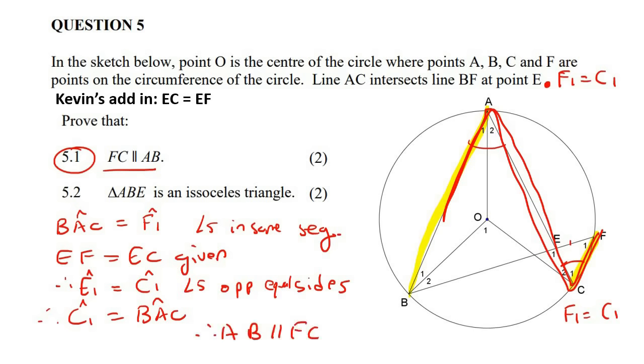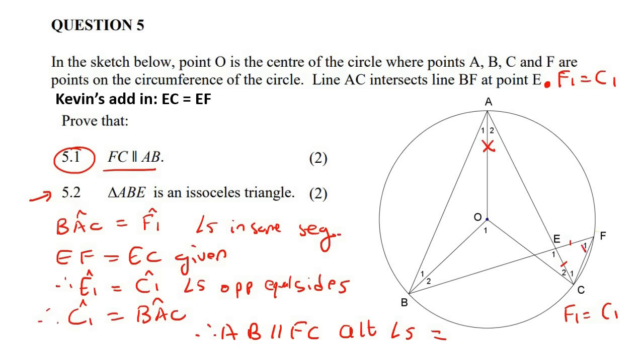Okay, so this next question says, prove that triangle ABE is isosceles. I'm just going to quickly say that whole angle is X, that's X, and that's X. And we now know that these two lines are parallel. So triangle A, B, and E, prove that is isosceles.